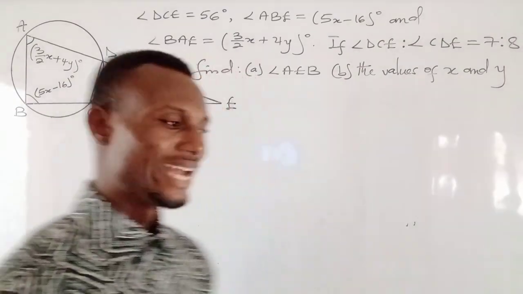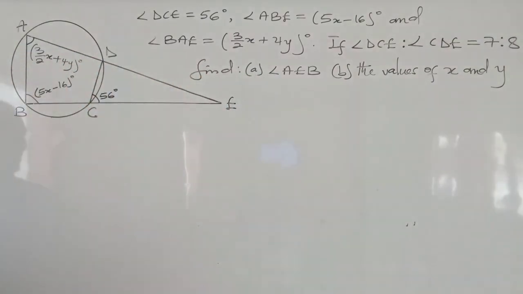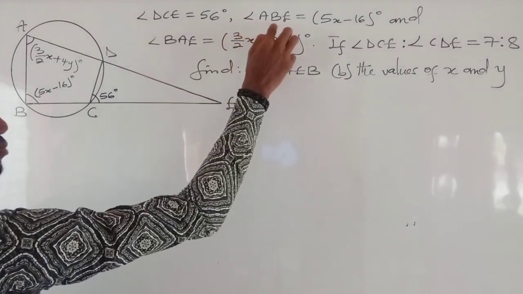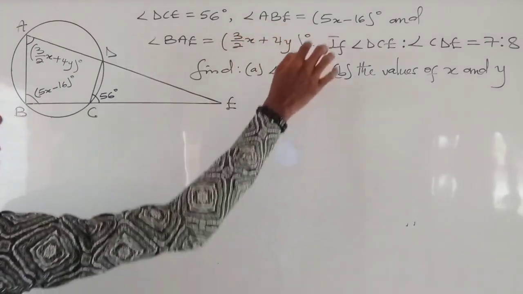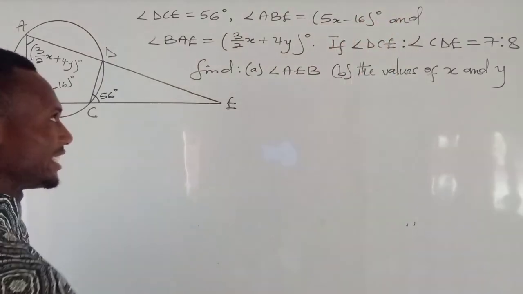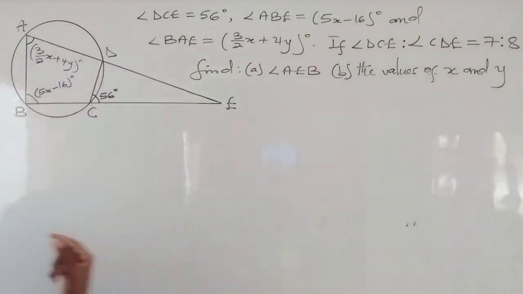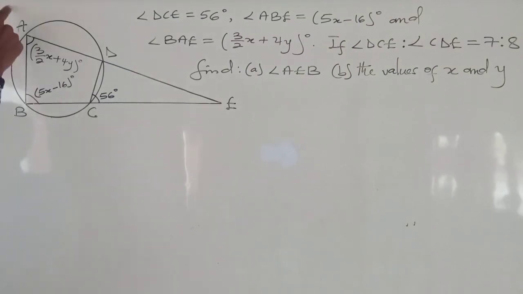Let's go ahead and identify the rest of the angles. We also have that angle ABE equals 5s minus 16 degrees. Let's identify that from the diagram.